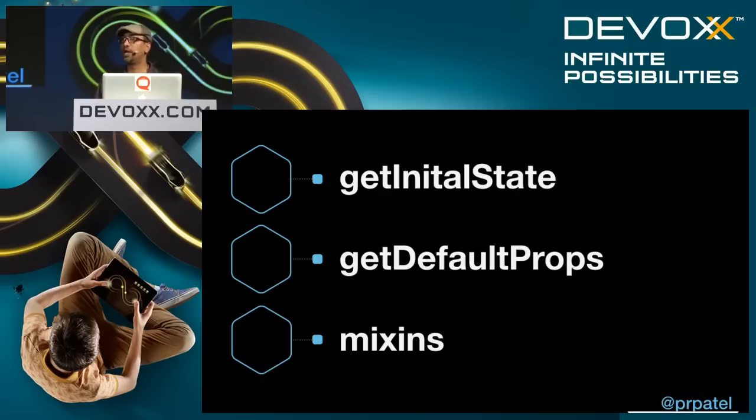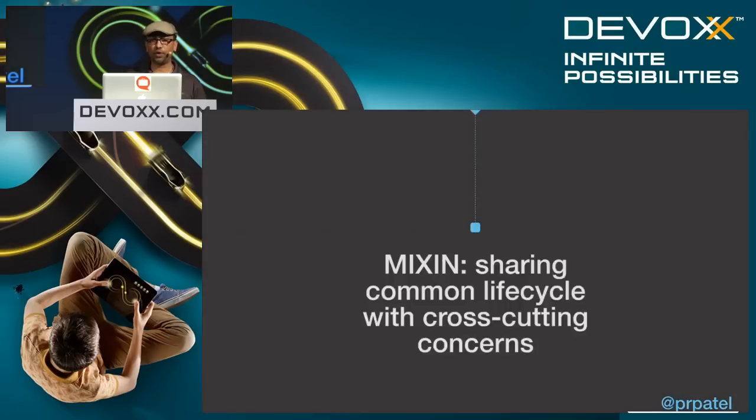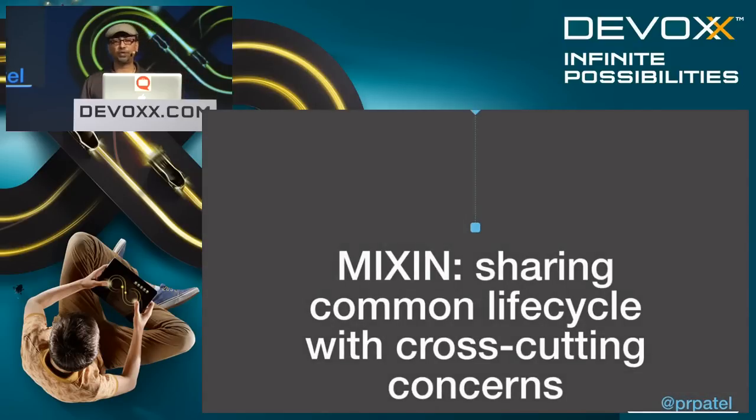Because at some point, you're not going to write the same code over and over. Your components will share some specific attributes or some kind of behavior. That's what mixins are for: sharing common lifecycles and things that have cross-cutting concerns. That's what we typically use them for.